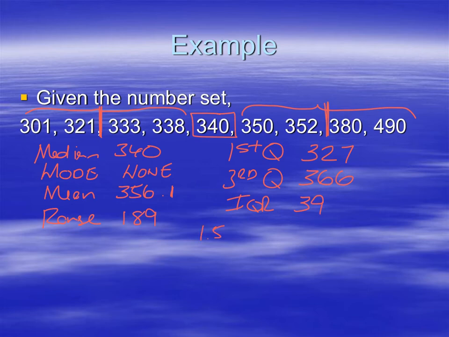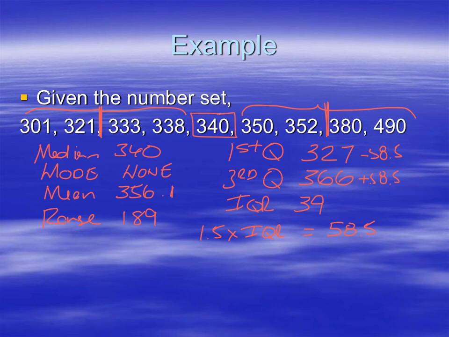If I take 1.5 times that IQR, so 1.5 times 39, which would be 58.5, I could subtract that from the first quartile, add it to the third, and that's going to give me my limits.